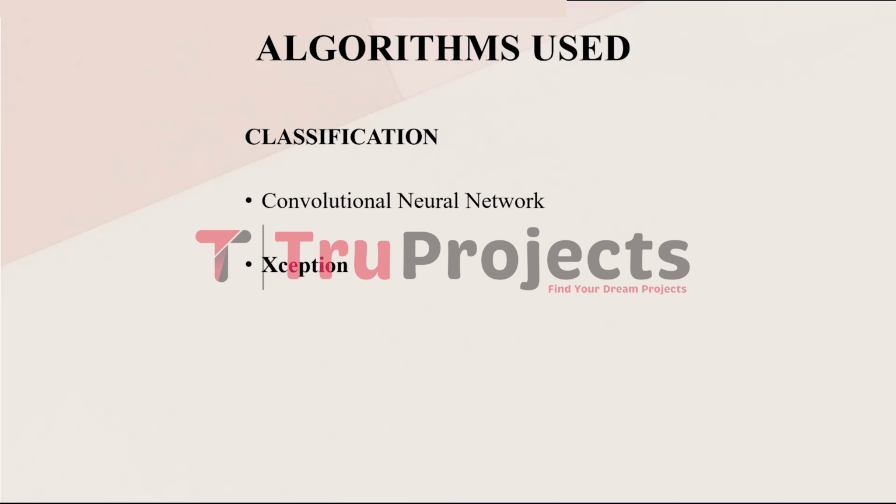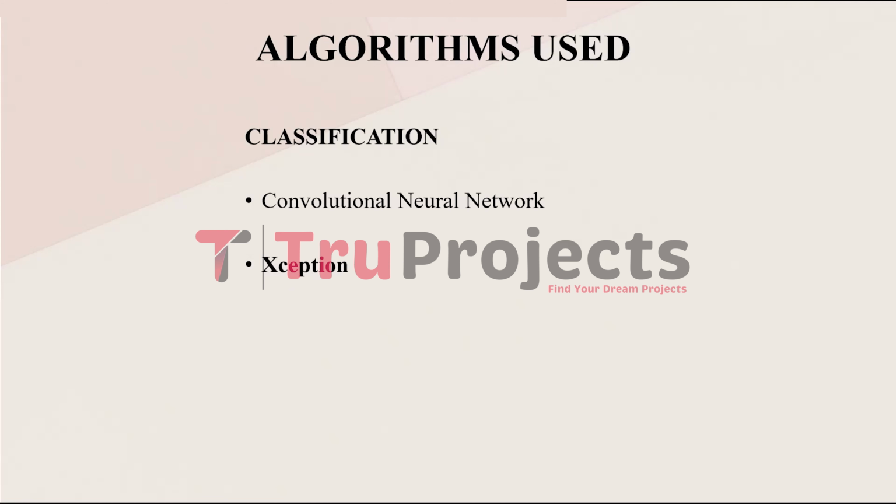Xception is an advanced variant of the CNN architecture. Xception stands for extreme inception. It aims to improve upon the Inception model's efficiency and performance. The key innovation in Xception is its use of depthwise separable convolutions, which break down standard convolutions into separate depthwise and pointwise convolutions.